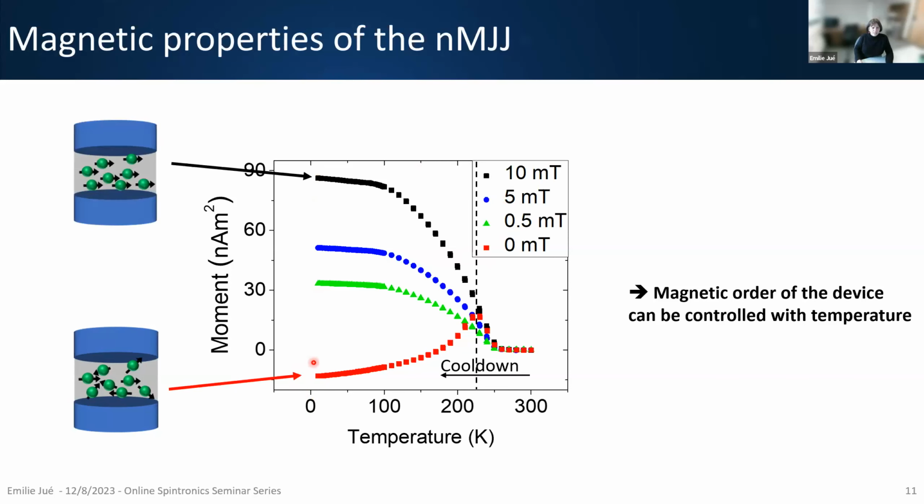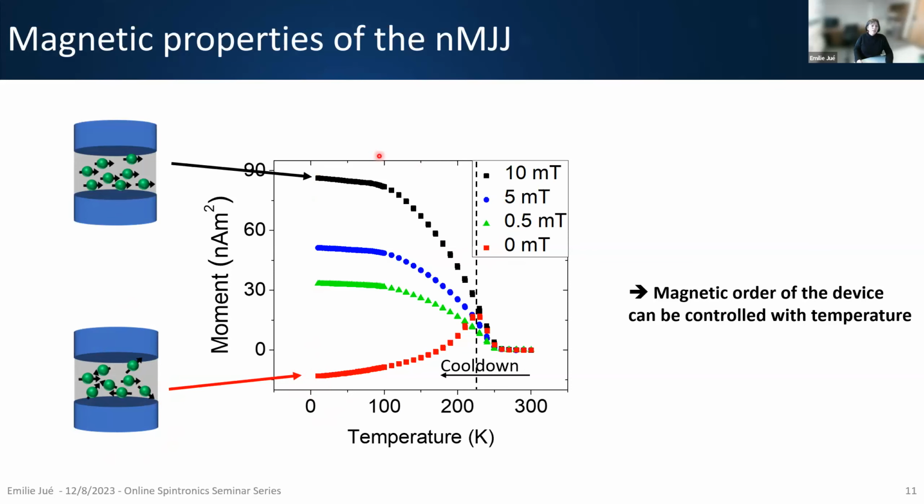So basically what that means is that in this example where we have the lowest magnetic moment in absence of magnetic field, we have a device that is magnetically disordered, meaning that the magnetization of the clusters are all pointing in random directions.